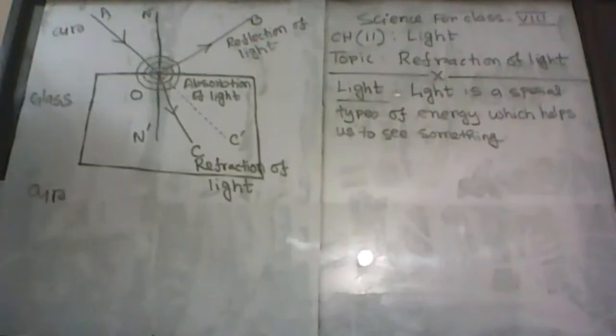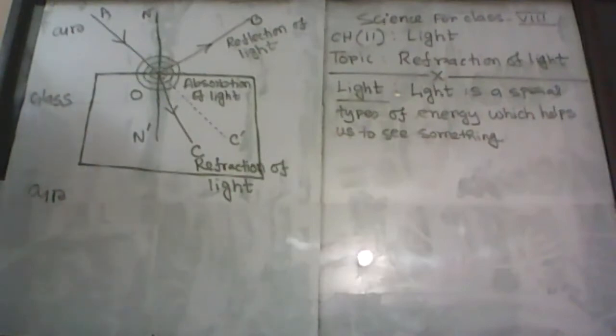Then anyone? Absorption of light means what, sir, does glass take all the light? Absorption of light means that it is a property of the medium. Any medium has the property that it can absorb some part of light. Suppose a ray of light is incident on your wall, on the earth surface, on the ground, or on water, then the basic property of the medium is that it can absorb some part of light.